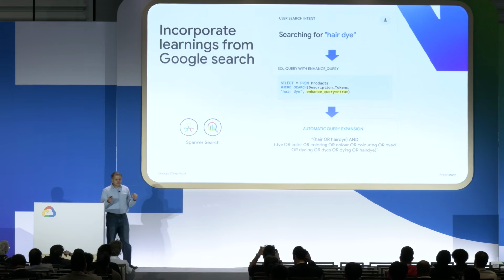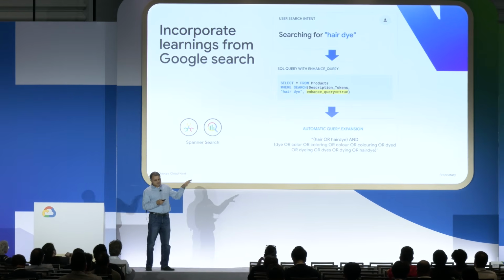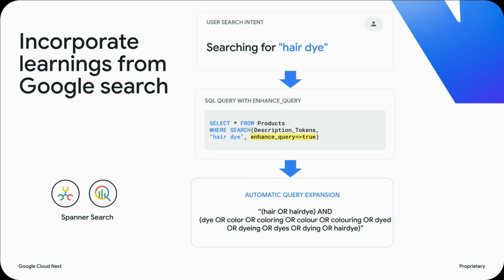So this is the secret thing that Alexander was talking about earlier. When you have a query, you could actually go beyond just misspellings. You could go and find equivalent words in your document list. So for instance, here we have a product table where we're basically trying to search for this query term hair dye. Now, as many of you might know, not every product is going to have the exact word hair dye in it. And so what you could do for this kind of search use case is you could say enhance query true.